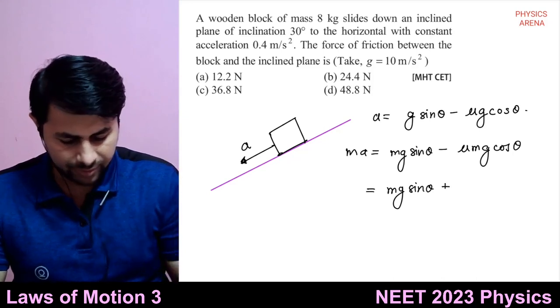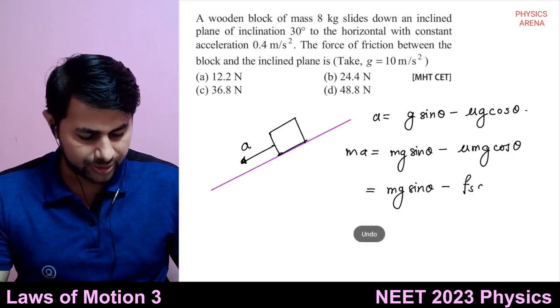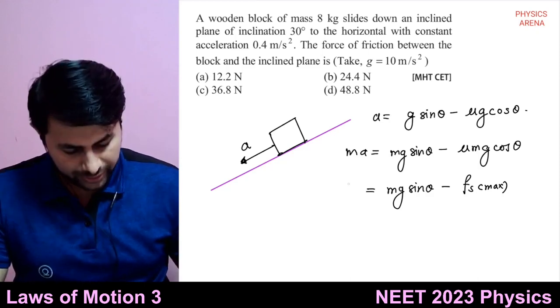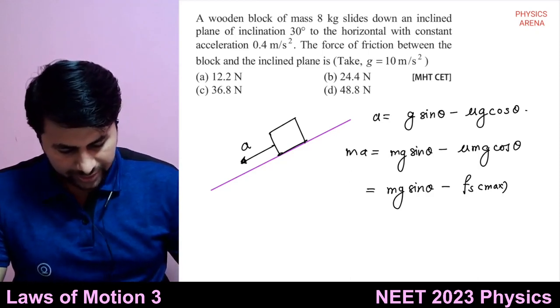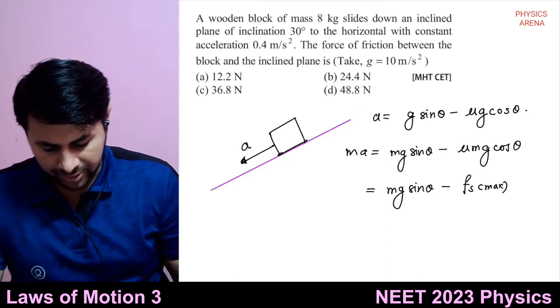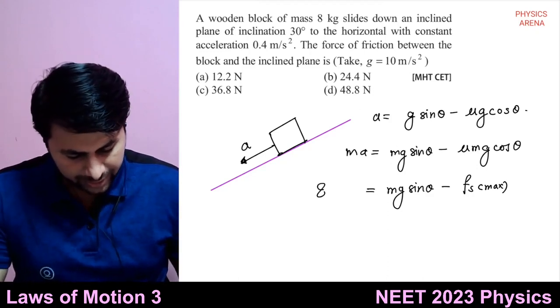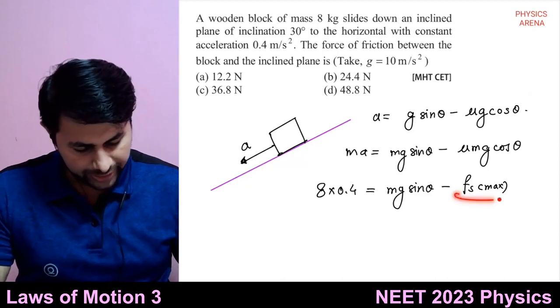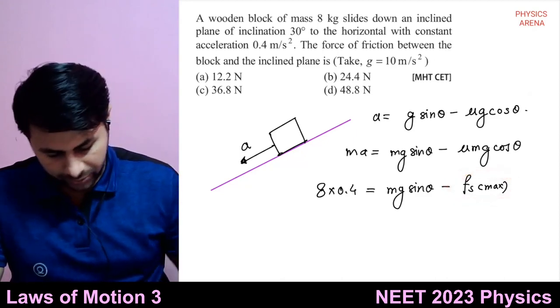So this is minus frictional force, Fs max. So this we can find out directly. Here mass is given, so it is m times a. Mass is 8 kg multiplied by acceleration, 0.4. Now take this on the left hand side. So what do you get?